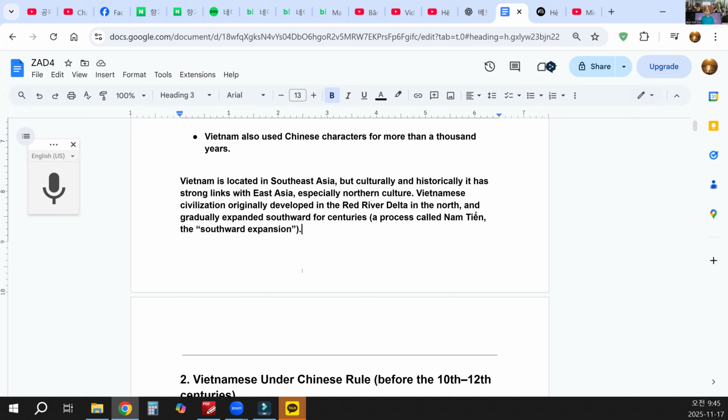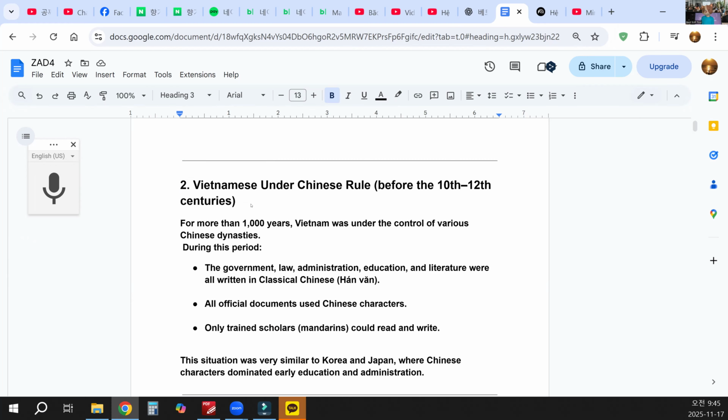Vietnamese civilization originally developed in the Red River Delta in the north and gradually expanded southward for centuries, a process called Nam Tien, the southward expansion. Vietnam under Chinese rule, before the 10th century. For more than 1,000 years, Vietnam was under the control of various Chinese dynasties.